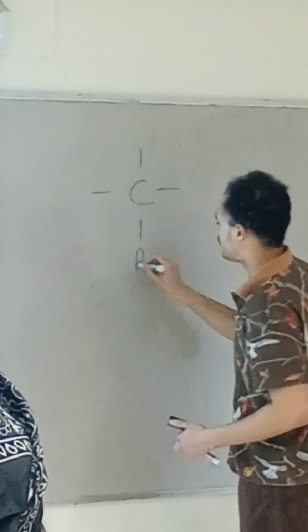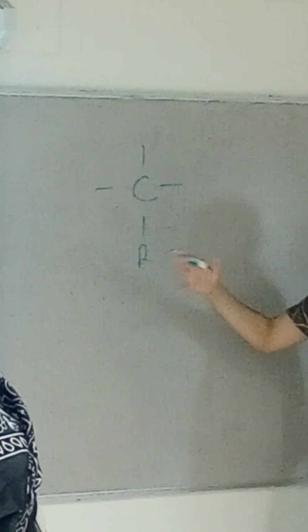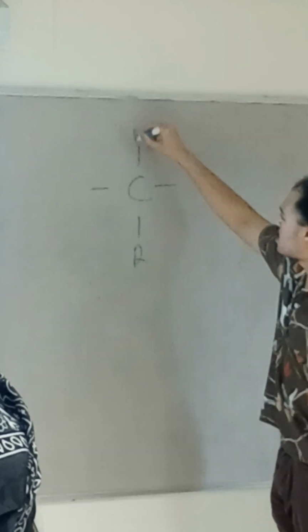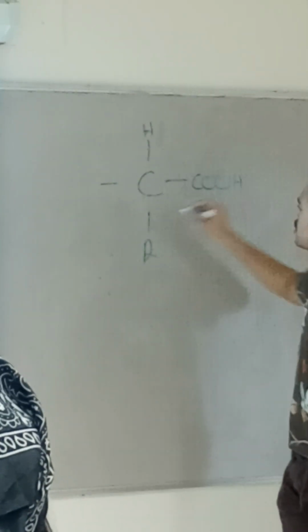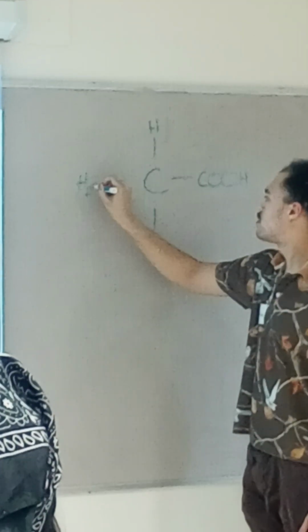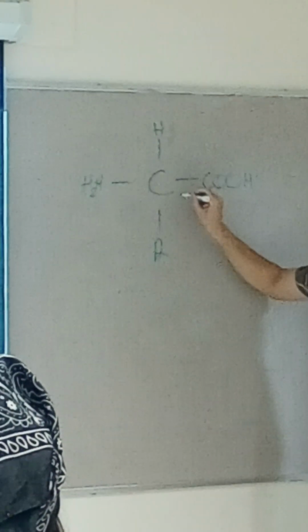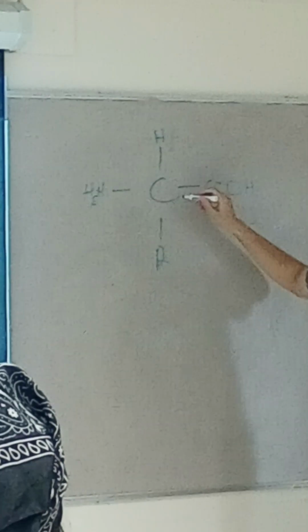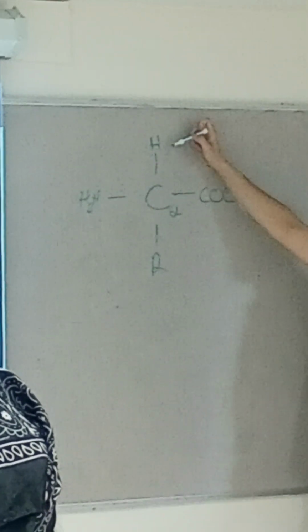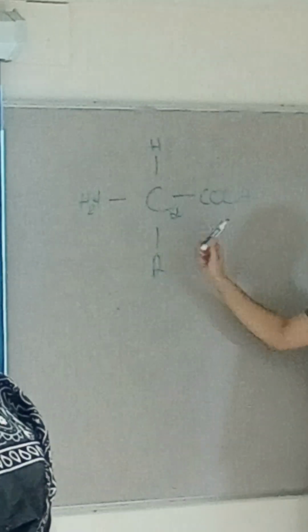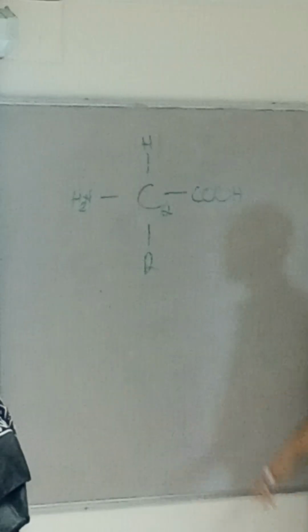It's going to be our R group that gives the amino acid its function. We're going to have a hydrogen at the top here, a carboxylic acid, and an amino group. This carbon, from organic chemistry, we give an alpha denotation. So this is the alpha hydrogen, this is the alpha carboxylic acid, and this is the alpha amino.